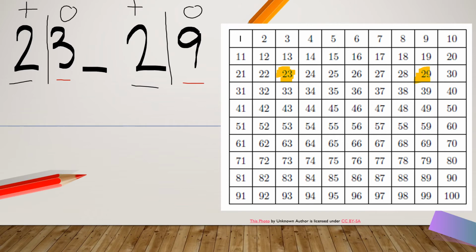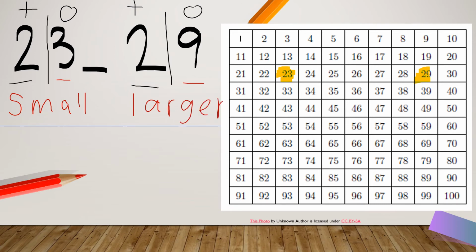So I know that 3 is smaller than 9. So I could say that 23 is less than 29. So by looking at my numbers, I could tell that this number is the smallest, and this number is my largest.